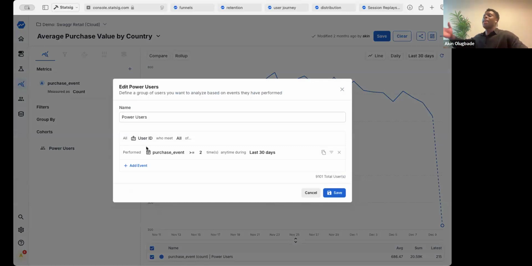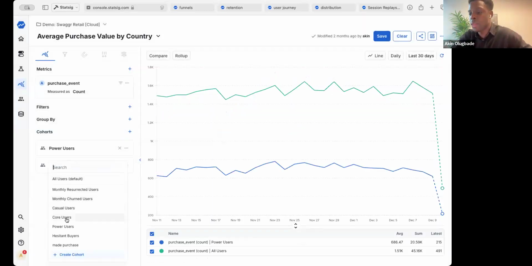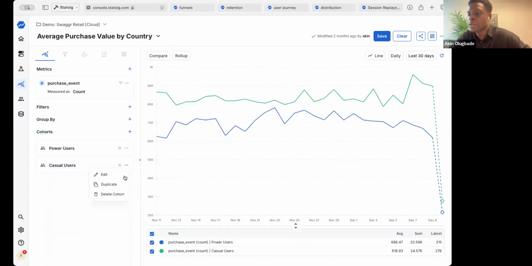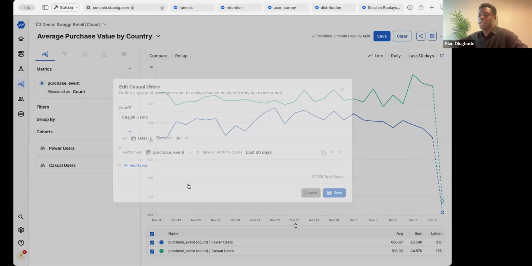So you can take a behavior that you think might be interesting, like people who have purchased at least 2 times in the last 30 days, and scope your analysis to those people, or compare that group against another group. So let's say casual users, who are folks who purchased exactly once in the last 30 days.